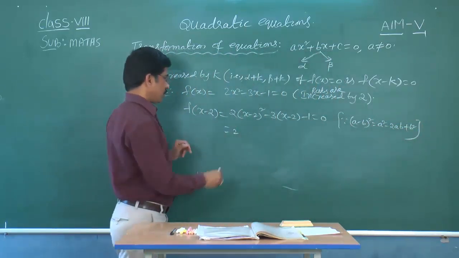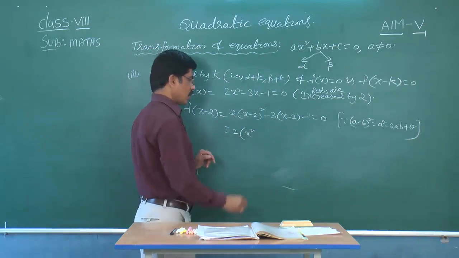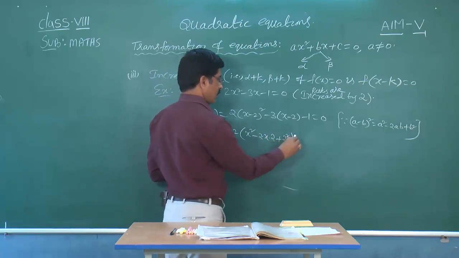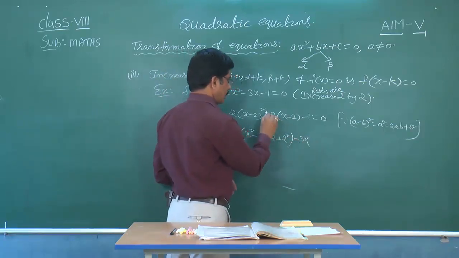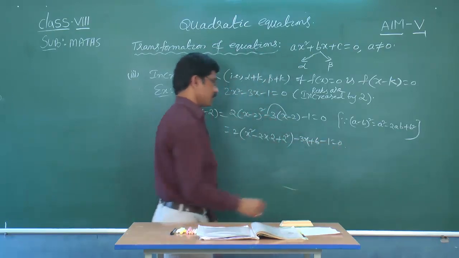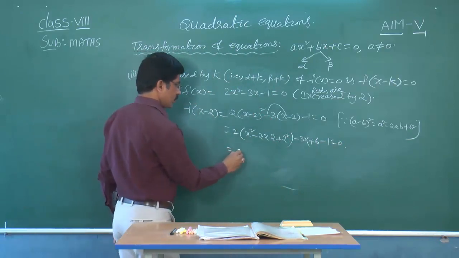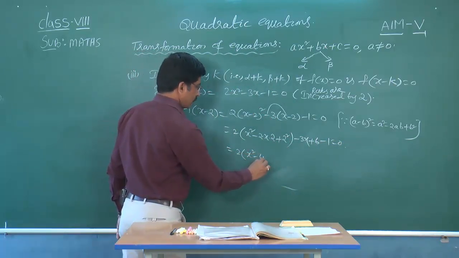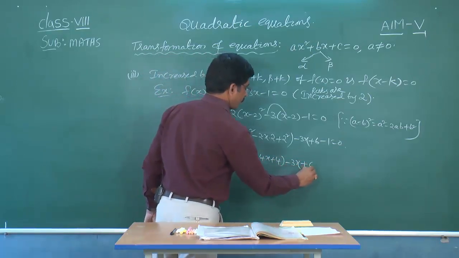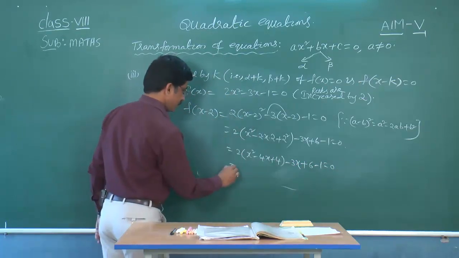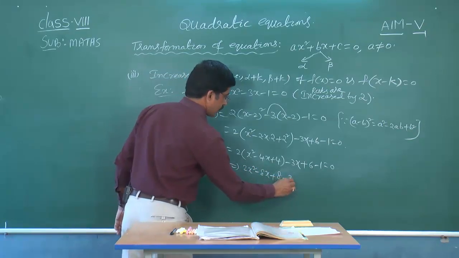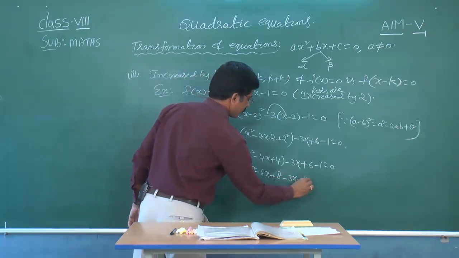Now substituting: 2 into x square minus 4x plus 4 minus 3x plus 6 minus 1 is equal to 0. 2x square minus 8x plus 8 minus 3x plus 5 is equal to 0.